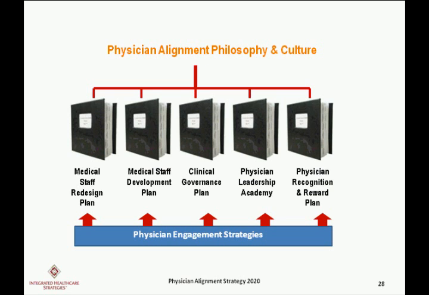The fourth component that we believe also is absolutely essential to your success with physician alignment is to have scores of additional physicians that are ready, willing, and able to assume both formal and informal physician leadership roles. Most of you in an average-sized hospital will have anywhere from 10 to 50 part-time or full-time physician leadership.